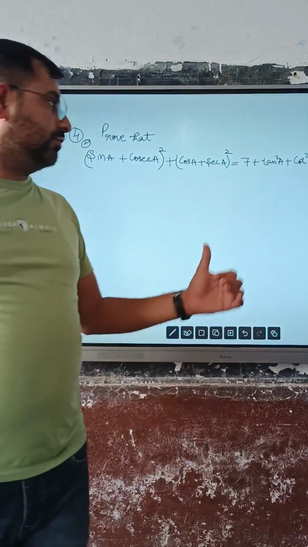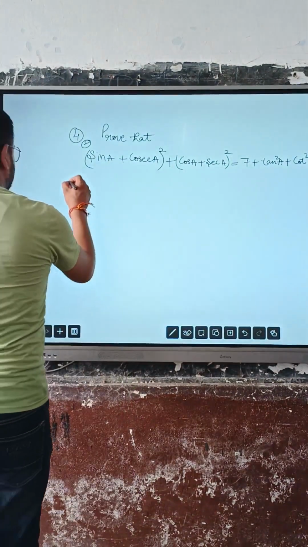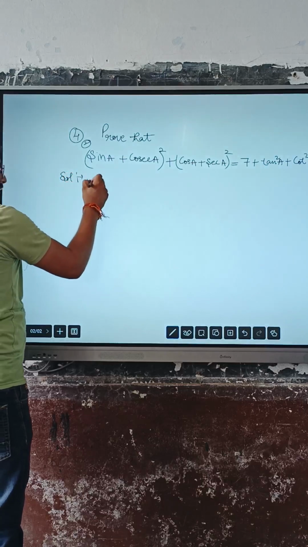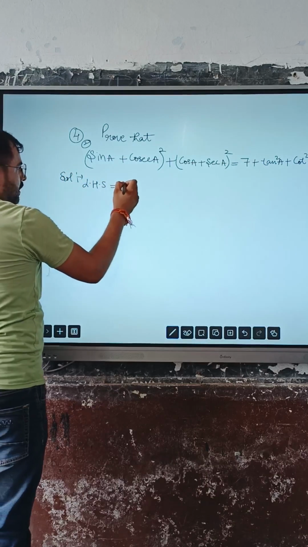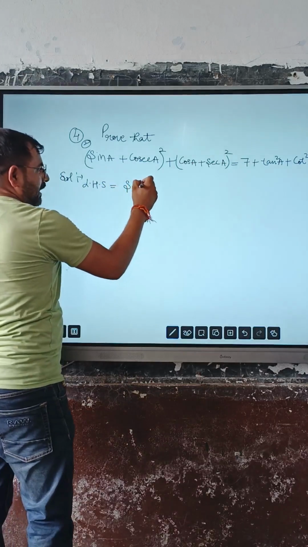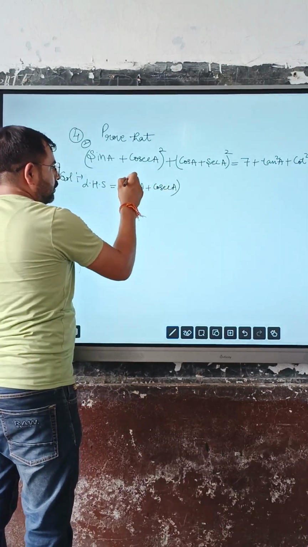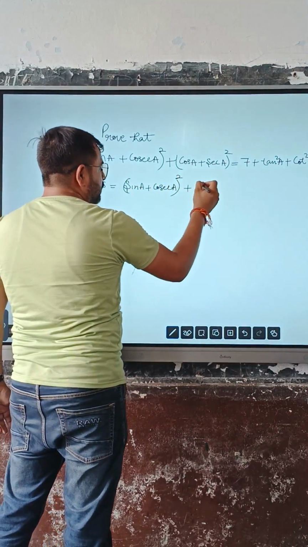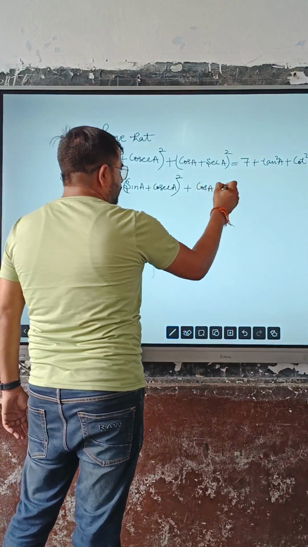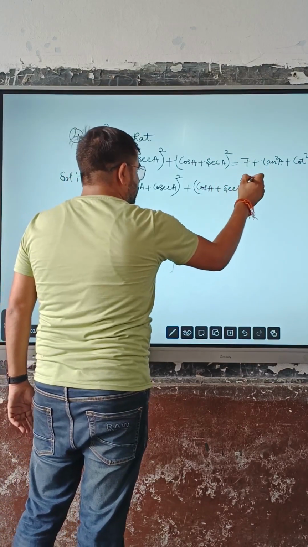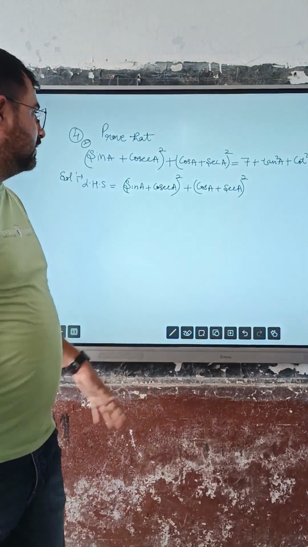We have to do this question. So again I am going to solve by taking the left hand side first, that is (sin a plus cosecant a) whole square plus (cos a plus secant a) whole square. So this is our left hand side.